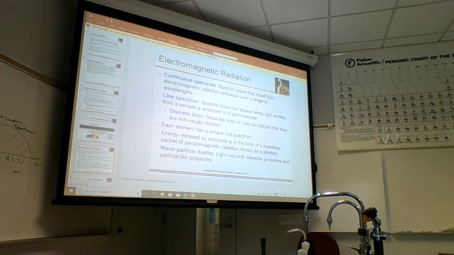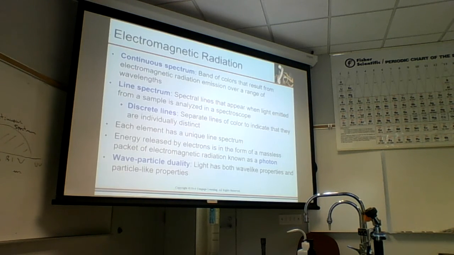So this whole line spectrum was huge. Huge, because this is not what physicists predicted. You know what physicists predicted? A continuous spectrum.